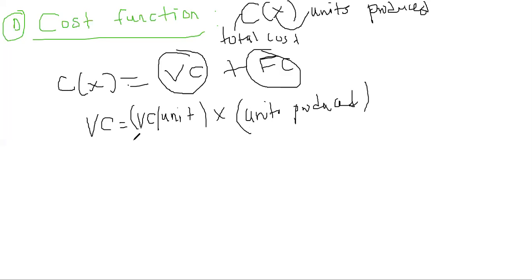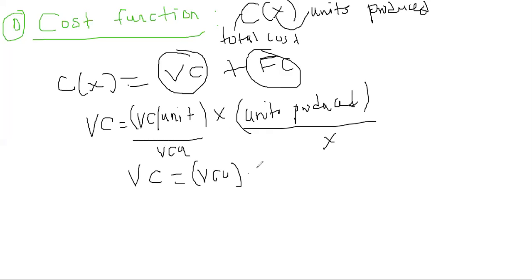If we take variable cost per unit as VCU, and units produced is X, then our variable cost will be VCU times X.